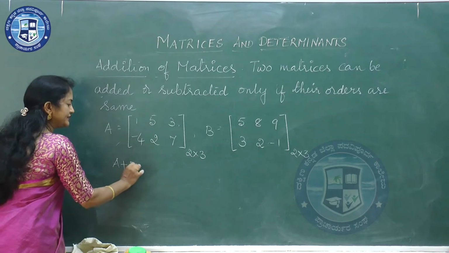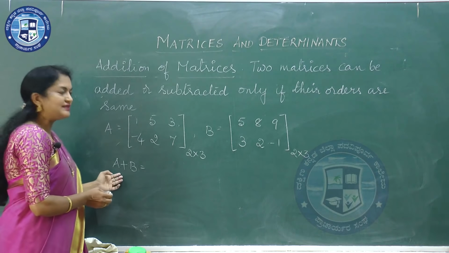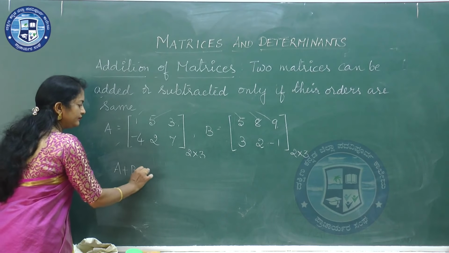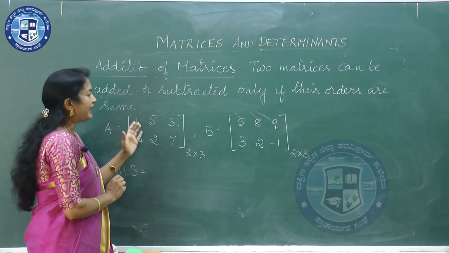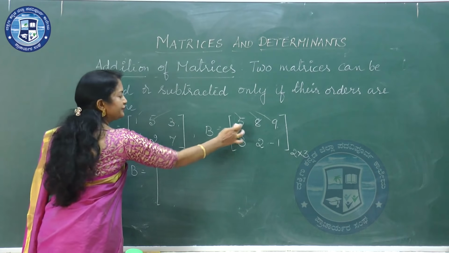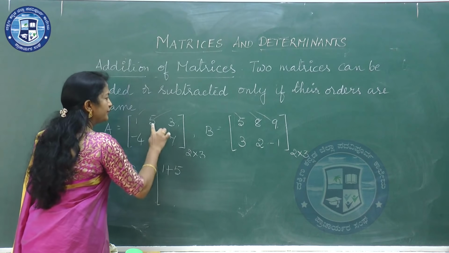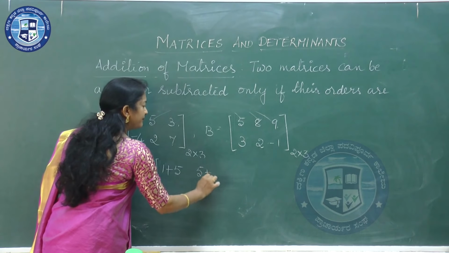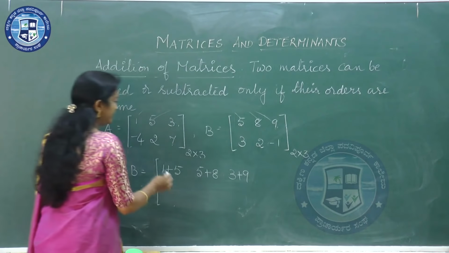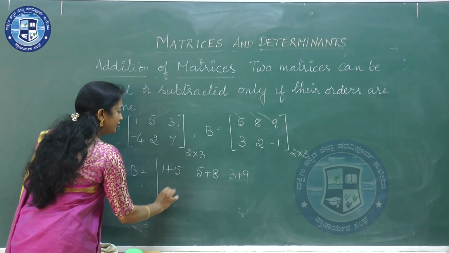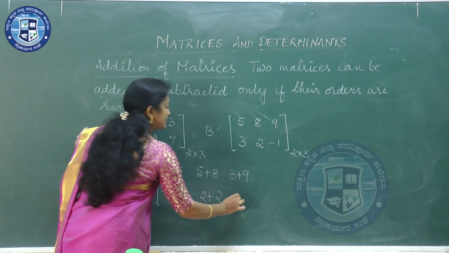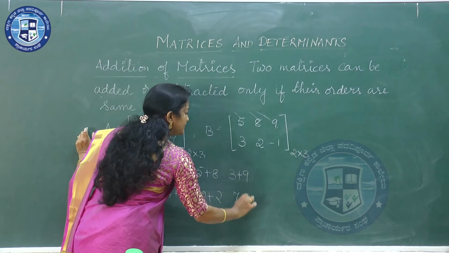What will we get as the sum? What is A plus B? A plus B is the matrix obtained by adding the corresponding elements. That means 1 and 5 we will add, 5 and 8 we will add, 3 and 9 we will add, because those are the corresponding elements. Minus 4 and 3 are corresponding, 2 and 2, 7 and minus 1.